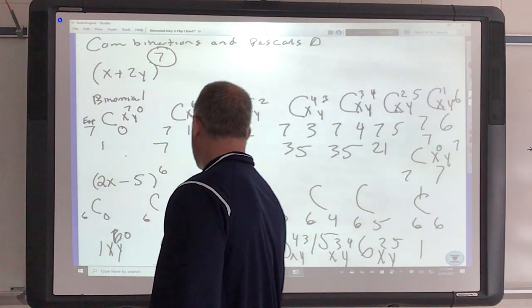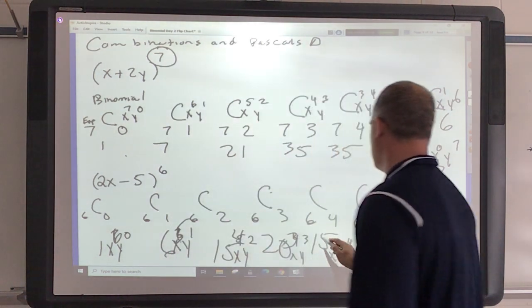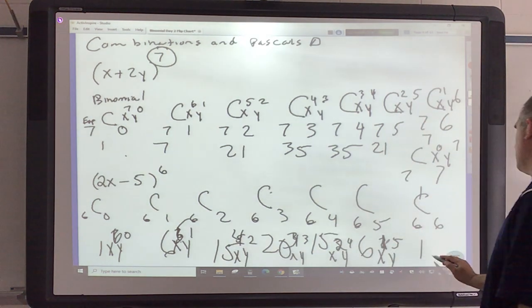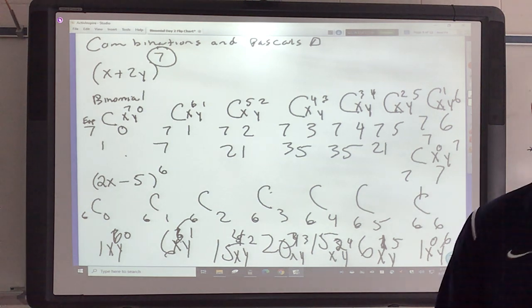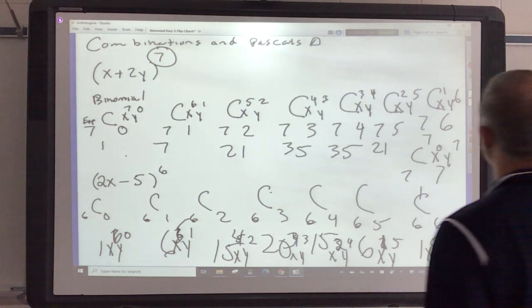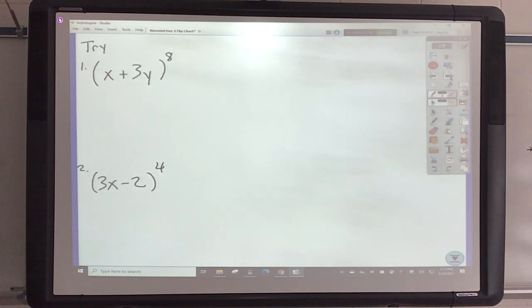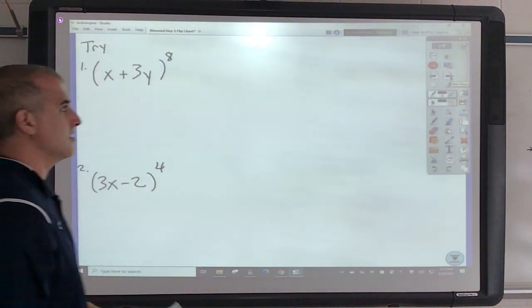Sorry, 6, 5, 4, 3, 2, 1, and 0. So the binomial stuff actually works. If you want to use your combinations and permutations, you can. So everything's the same.